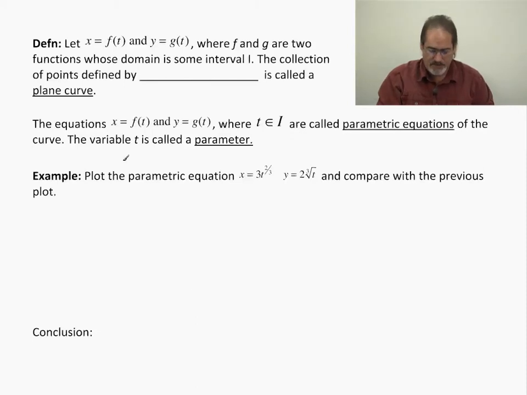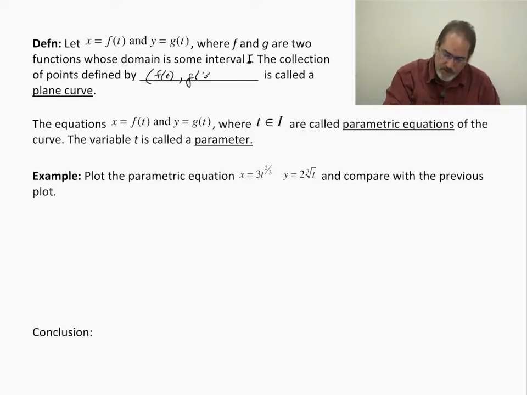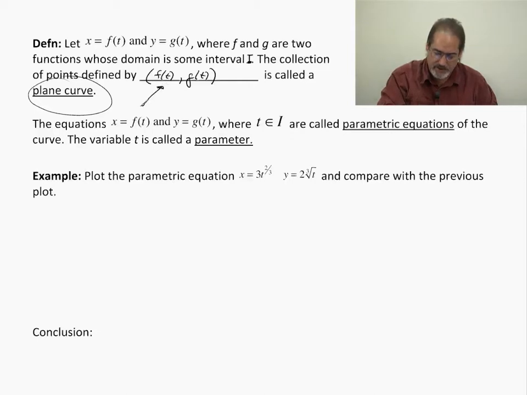All right, let's do a definition here. Let x equal f of t and y equals g of t, where f and g are two functions whose domain is on some interval I. Let's make sure you know that's an I. The collection of points defined as f of t, g of t is called a plane curve. So remember, this is my x, which is defined by some function of t, and this is what I'm thinking of as y, which is defined as yet another function of t.